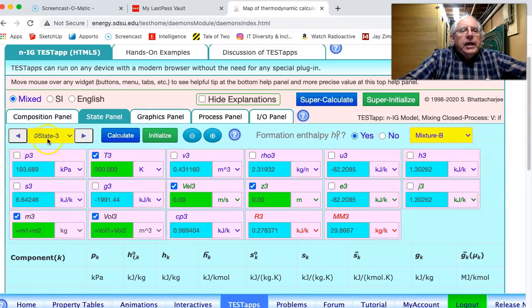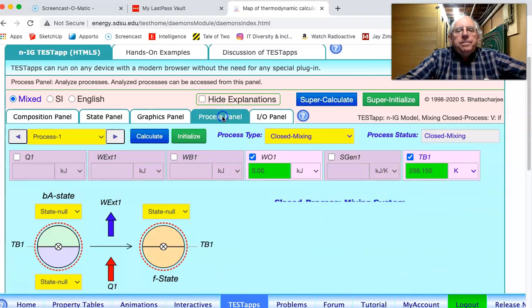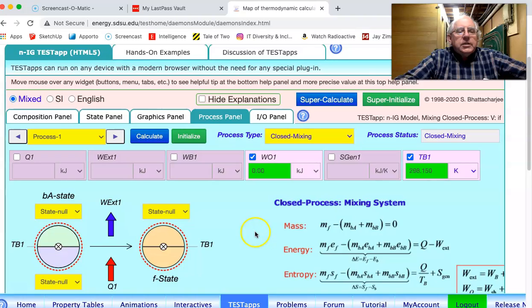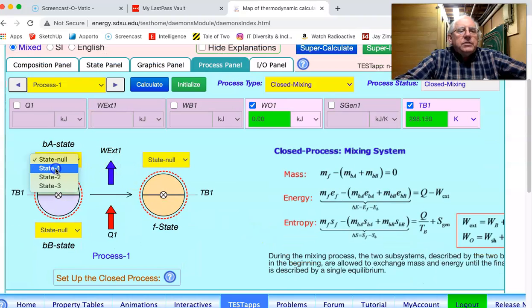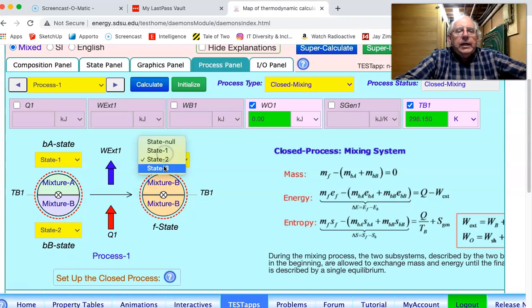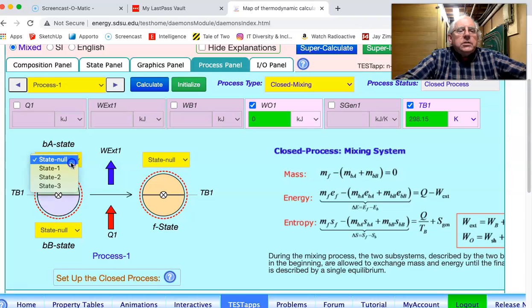Now in this particular case, we want to go to our process panel. We recognize that we have state 1 and state 2 going to state 3. Let's see, I need A and B. This should say C. I'm going to initialize this, so it's 1 and 2 going to 3.